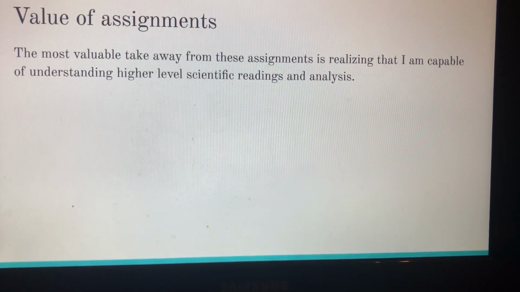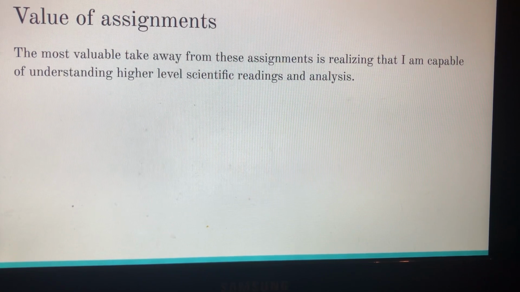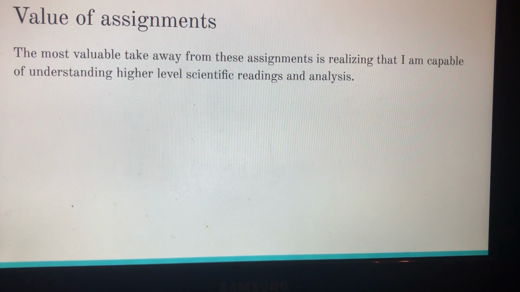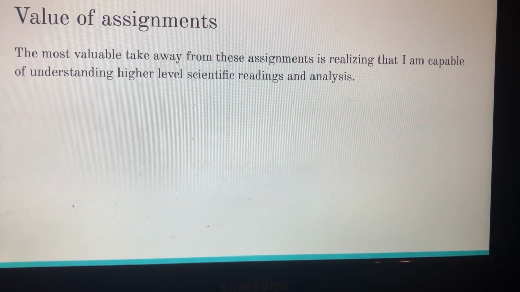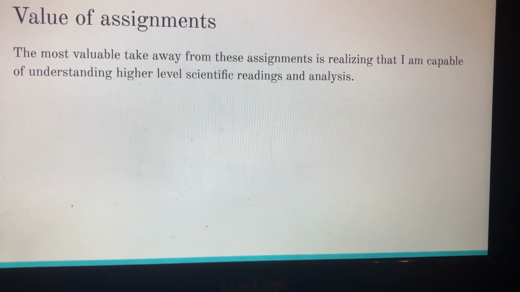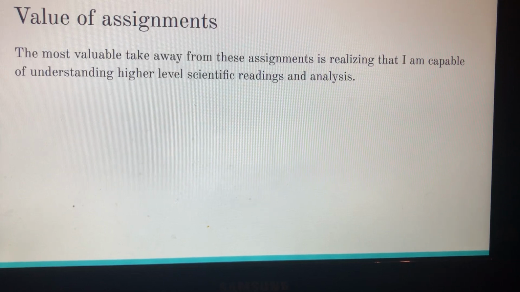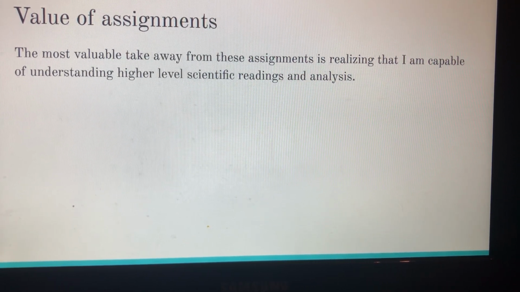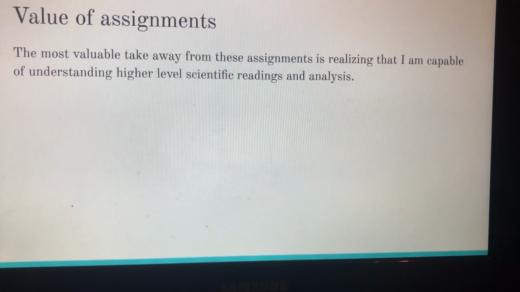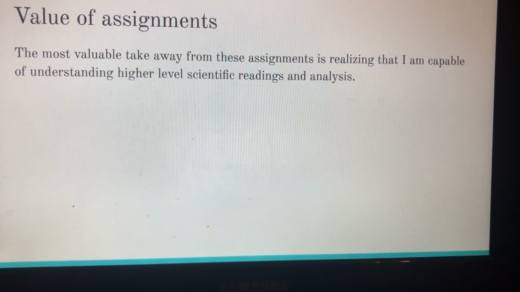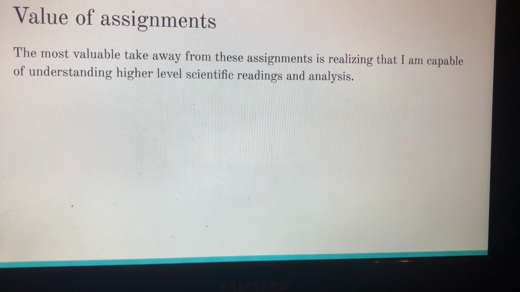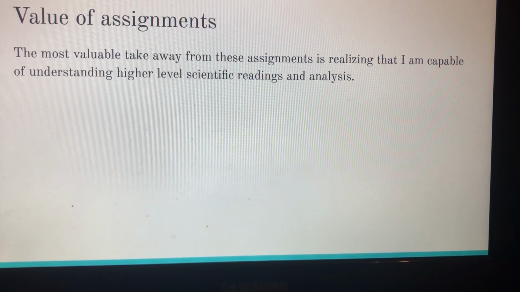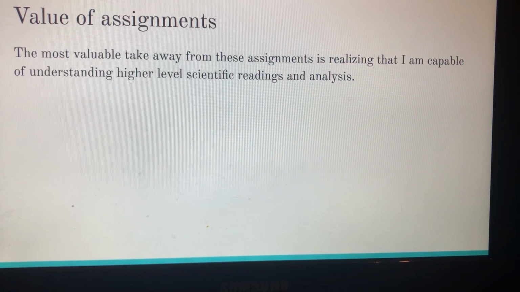The value of these assignments. The most valuable takeaway from these assignments is realizing that I am capable of understanding higher level scientific readings and analysis. I didn't actually understand, or didn't think I knew that I could understand such high levels of reading. I've struggled with reading through most of my educational career.